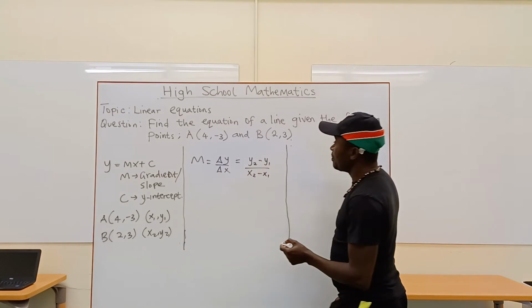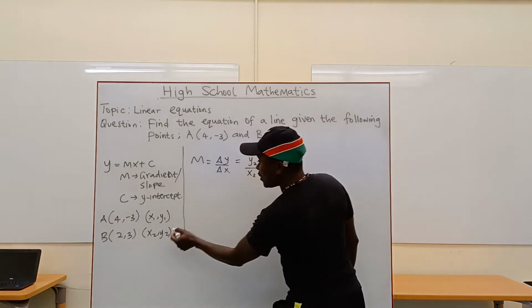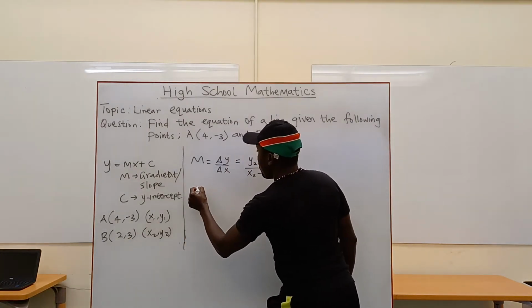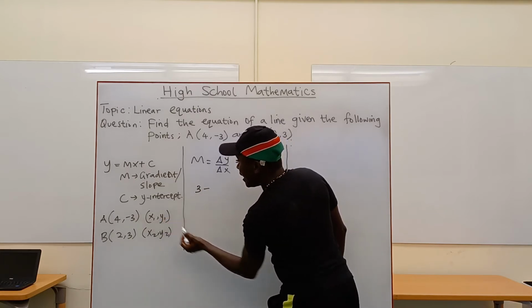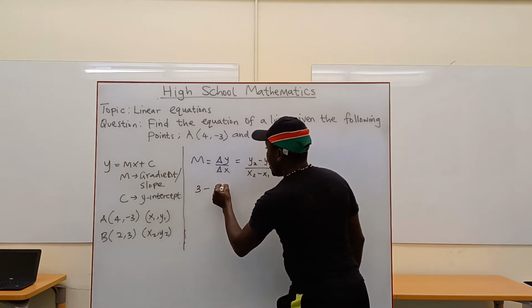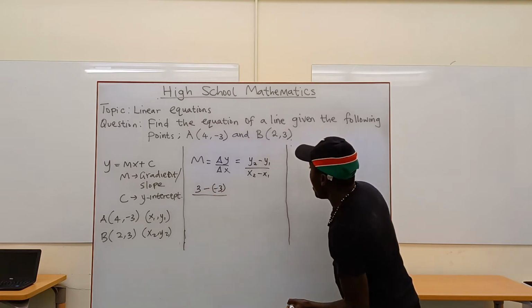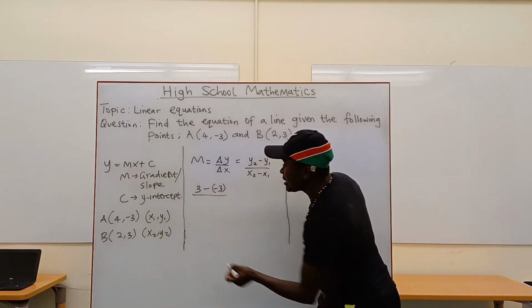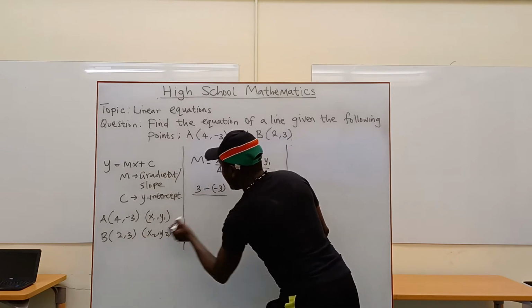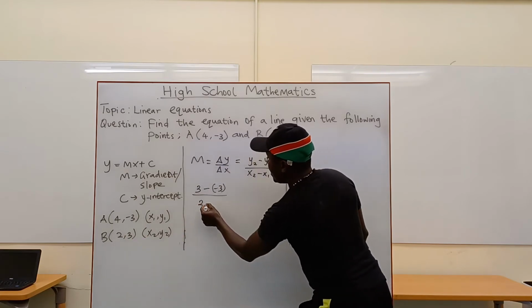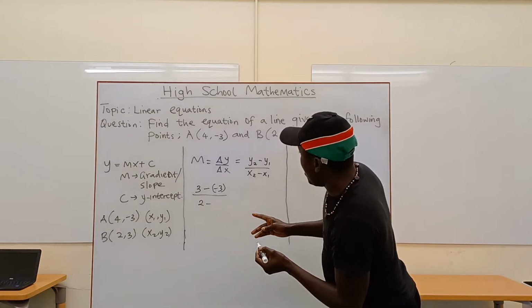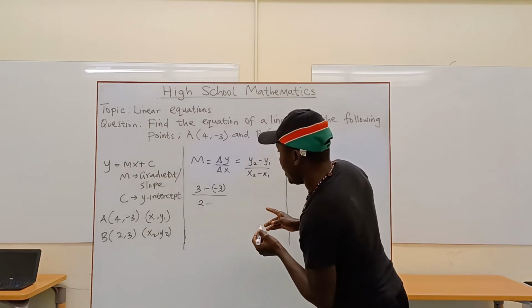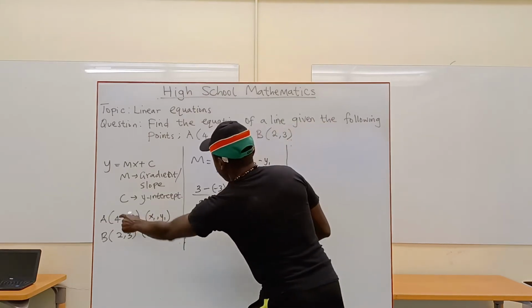Our y2 is 3, minus our y1, which is negative 3, over our x2, which is 2, minus our x1, which is 4.